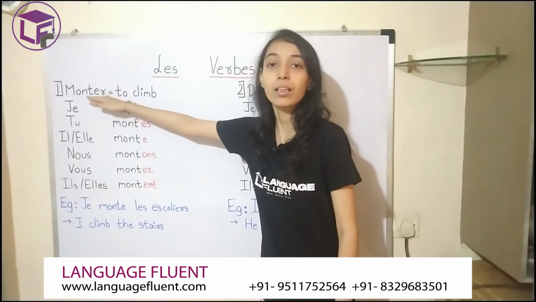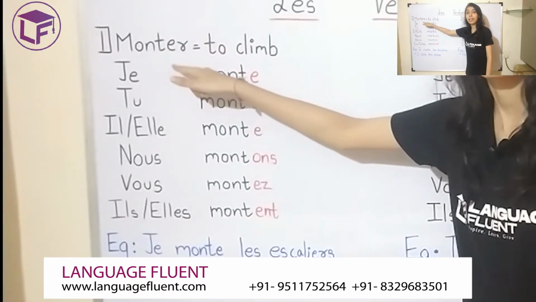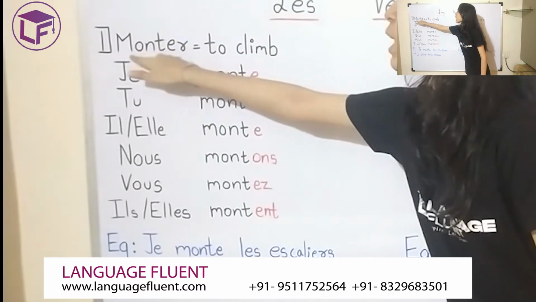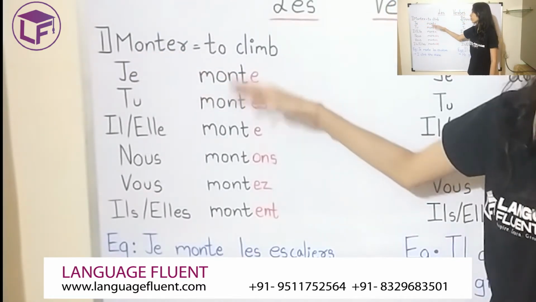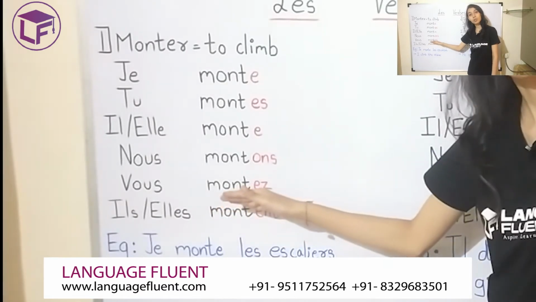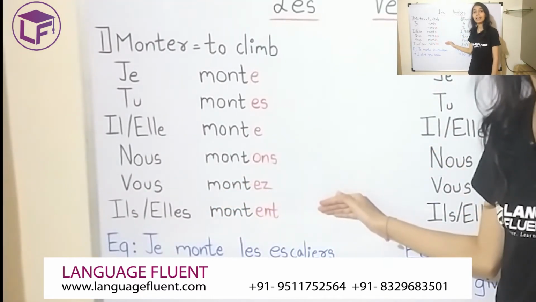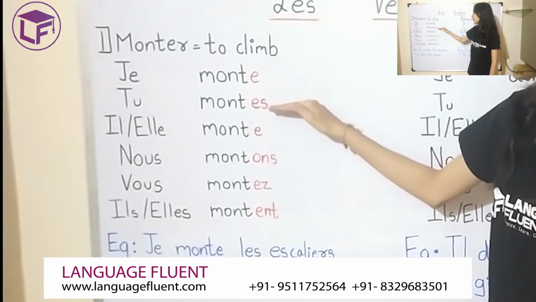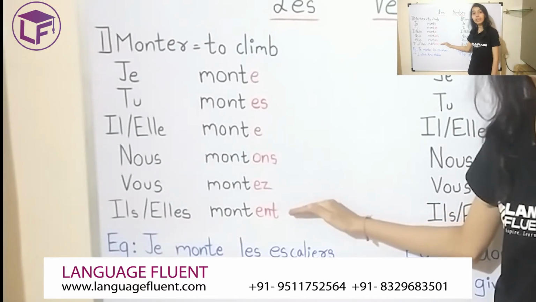From monter we cut ER. And the word we get is MONT. So we write MONT to each and every subject pronoun, and at the end we add endings: E, ES, E, ONS, EZ, ENT.